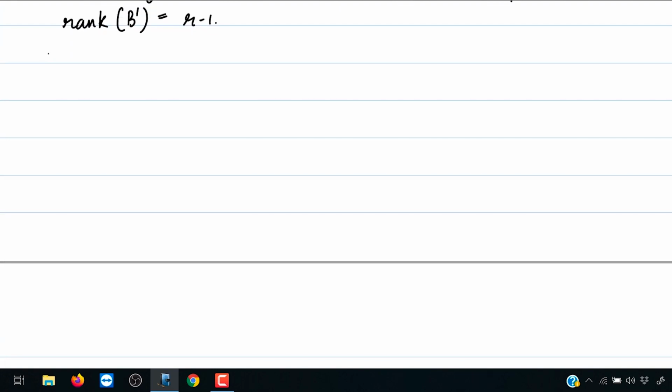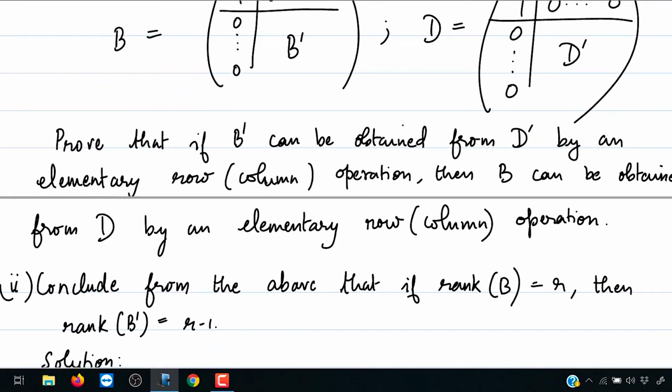Right, so a solution. So what is the information that we have? The information that we have is that B prime can be obtained from D prime by an elementary row operation. So we'll do the solution for a row operation. The column operation proof will be exactly the same.